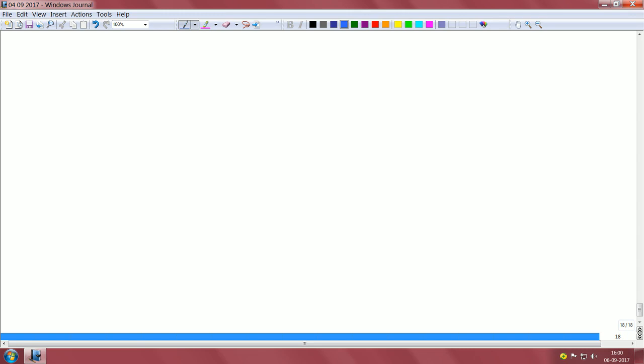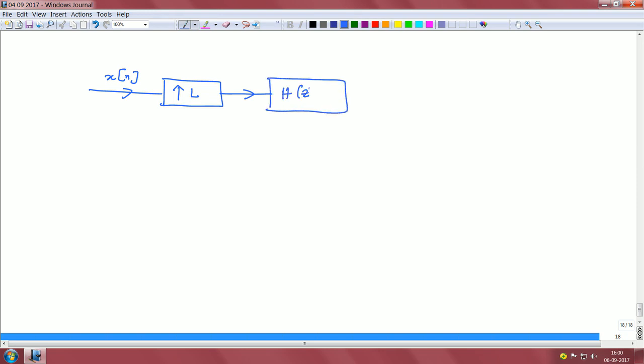If you have a discrete time signal here, you upsample this first with a rate L, and then you have this filter H(z) that operates on the upsampled signal. At this stage it is basically y_e[n], E standing for expansion.